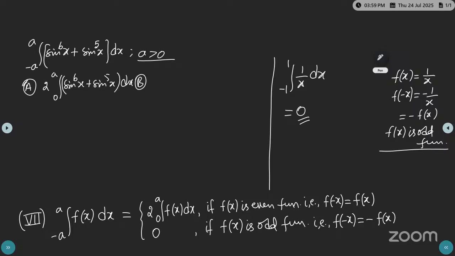Option B, 2 into integral 0 to a of sin power 6x dx. Option C, 2 into integral 0 to a of sin power 5x dx. Option D, 0. We have exactly 1 minute left, so that is more than enough to say the answer for this.